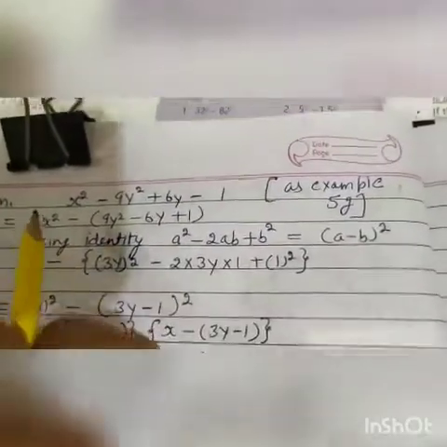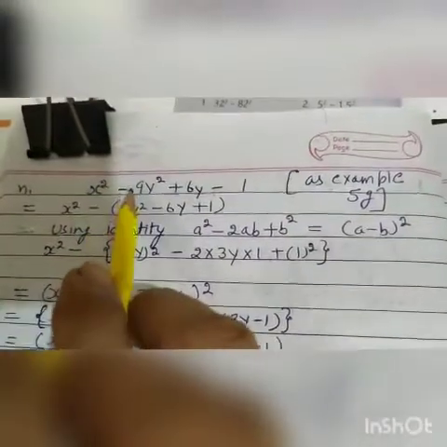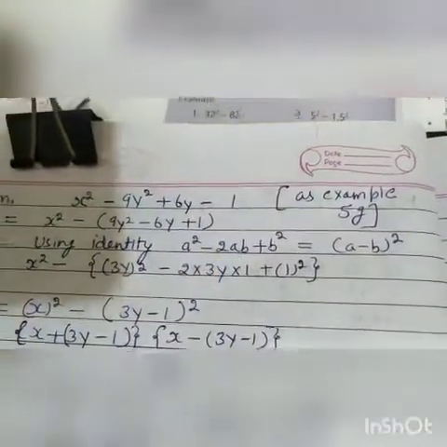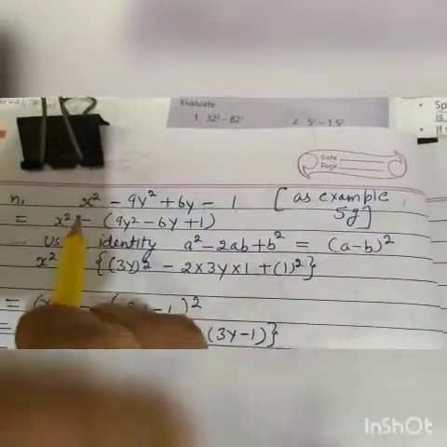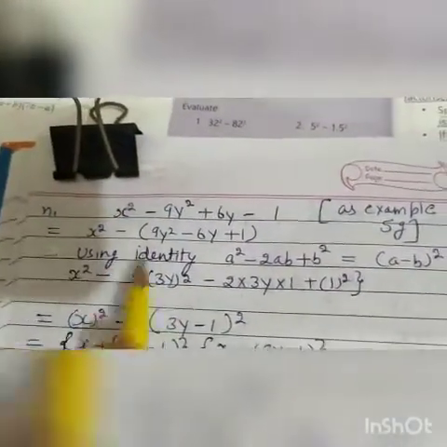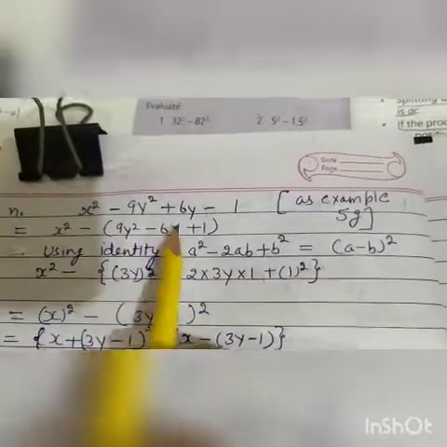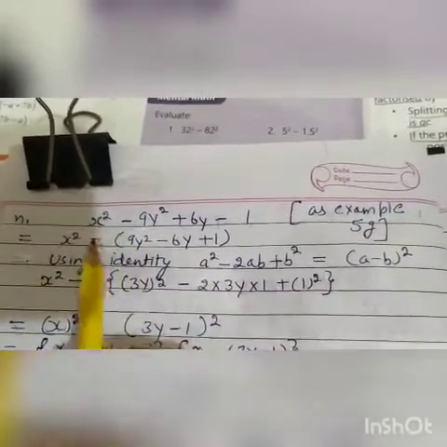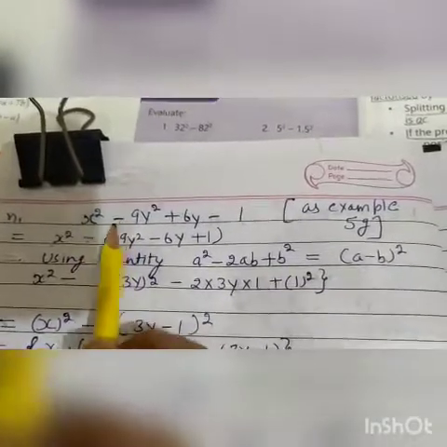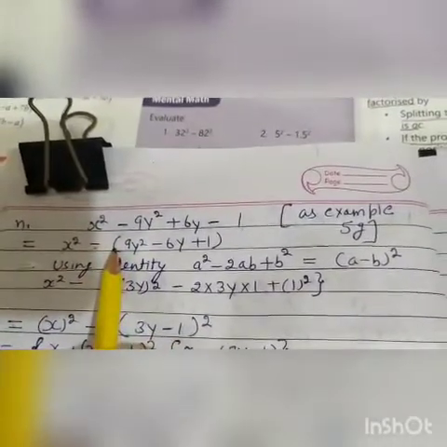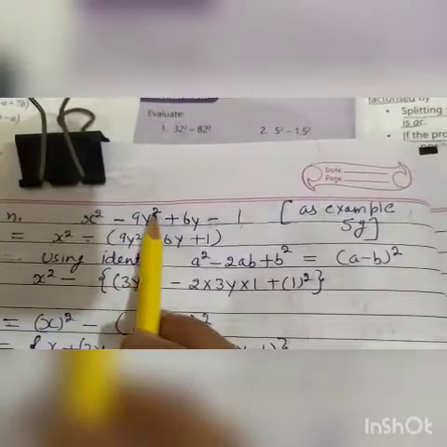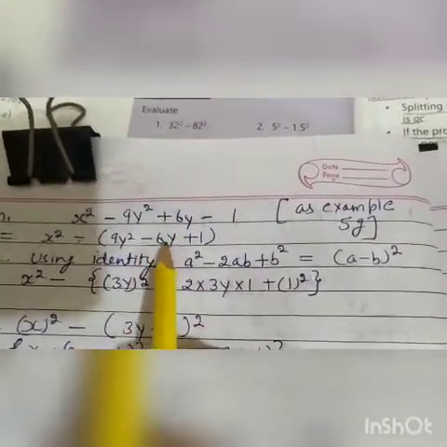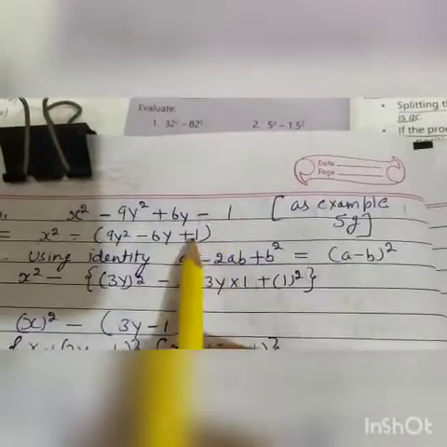Now next part is n, x square minus 9y square plus 6y minus 1. What we will do here, first we will arrange it in the form of an identity: x square minus, here we have taken this minus common, then bracket start, this minus 9y square will become plus 9y square, plus 6y will become minus 6y, minus 1 will become plus 1.